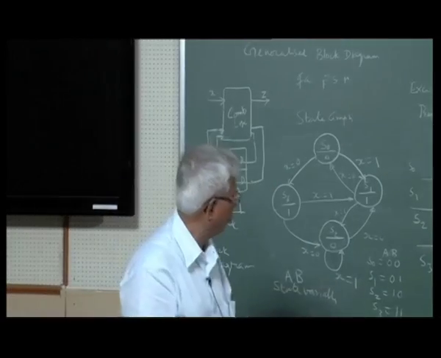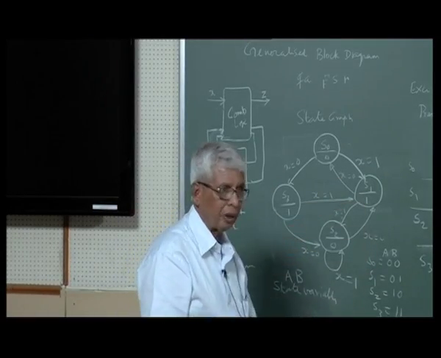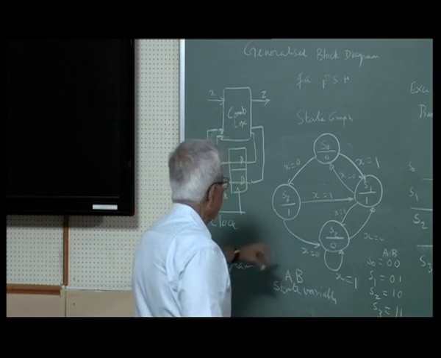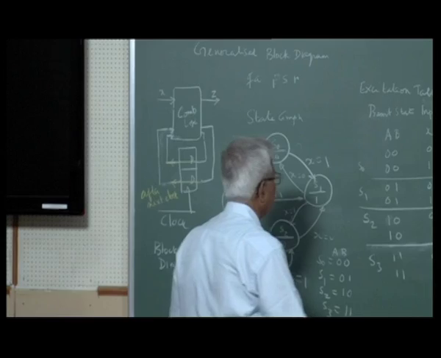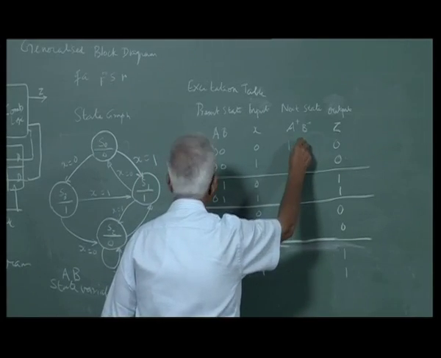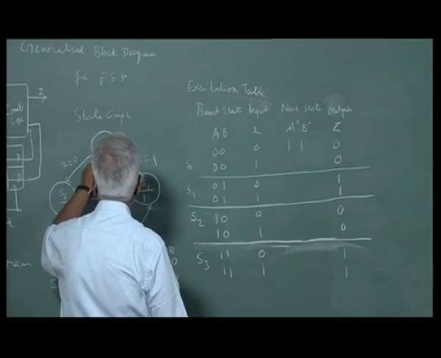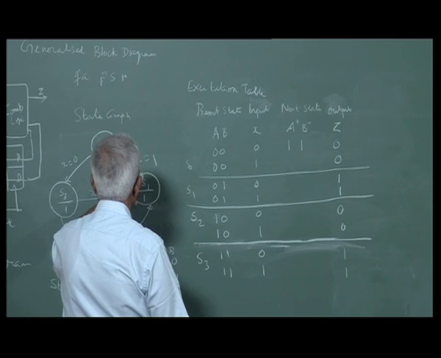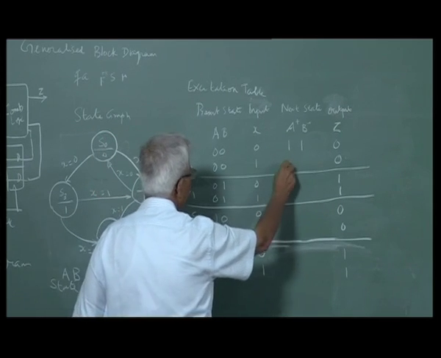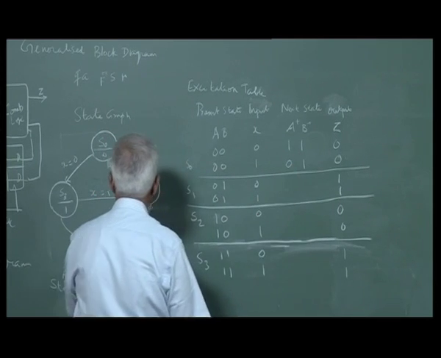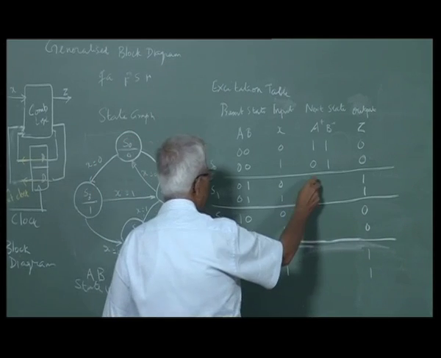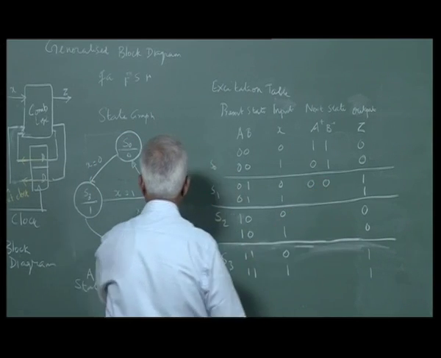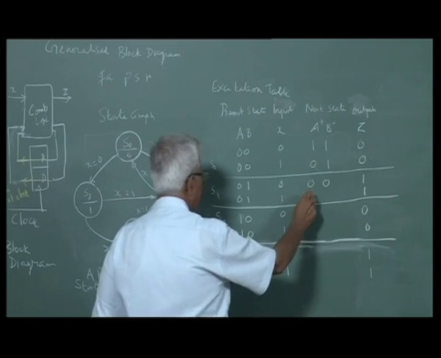Now, all I have to do is fill in this A plus, B plus. S0, 0 goes to 1, 1. S0, 1 goes to 0, 1. S1, 0 goes to 0, 0. S1, 1 goes to 1, 0.